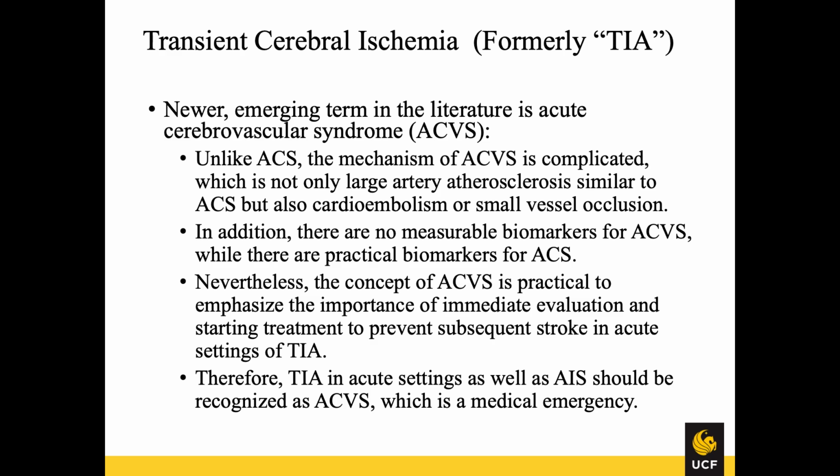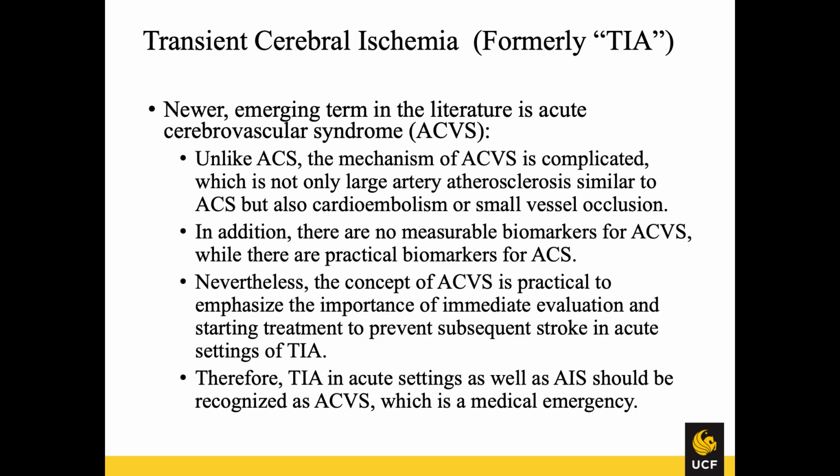In addition, there are no measurable biomarkers for ACVS, while there are particular biomarkers for ACS. So for example, we can't get a troponin level and say, oh look, the troponin level is really high, so the patient's had a stroke. Right? We can do that in MI. We can actually track the biomarkers of troponin and, to a lesser extent, CKMB and some of the other cardiac enzyme assays and say, oh yeah, definitely the patient appears to have had a myocardial infarction.